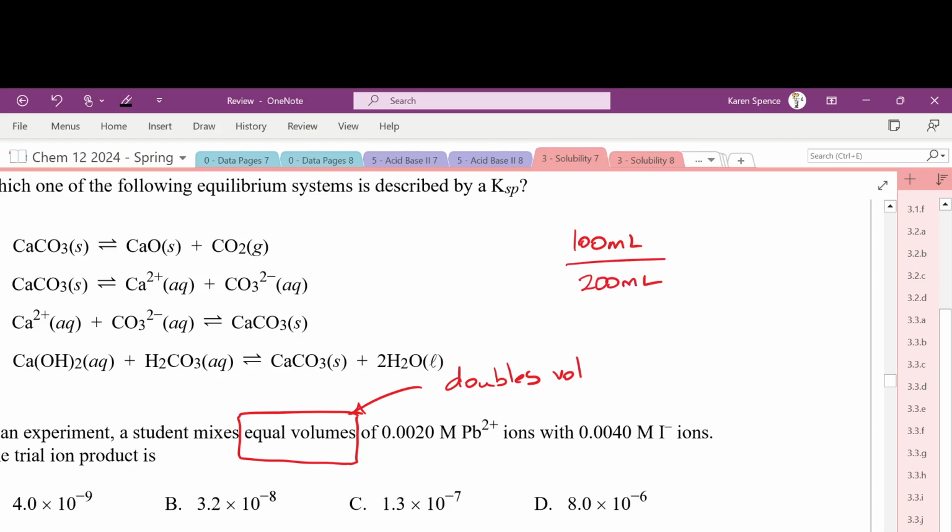And it doesn't matter what volume I start with. I could start with 35 milliliters, and when I add the two together, I will have 70 milliliters. What I end up with is 1/2, right? So if it doubles the volume, that means the concentration is halved.